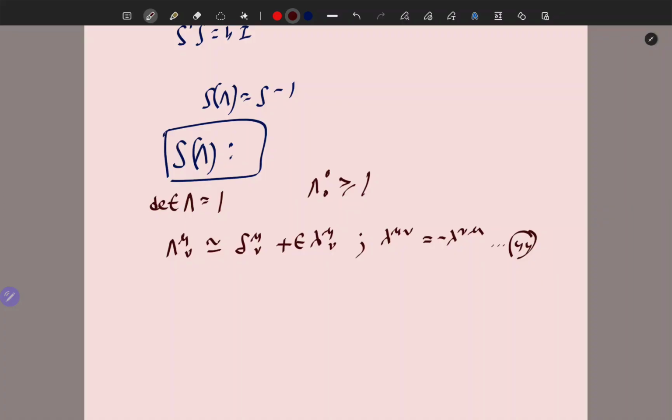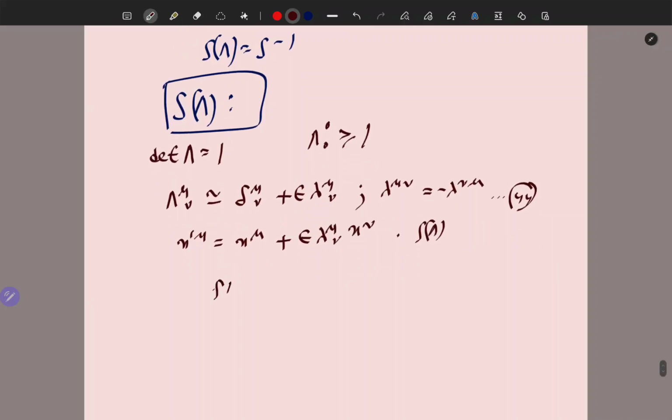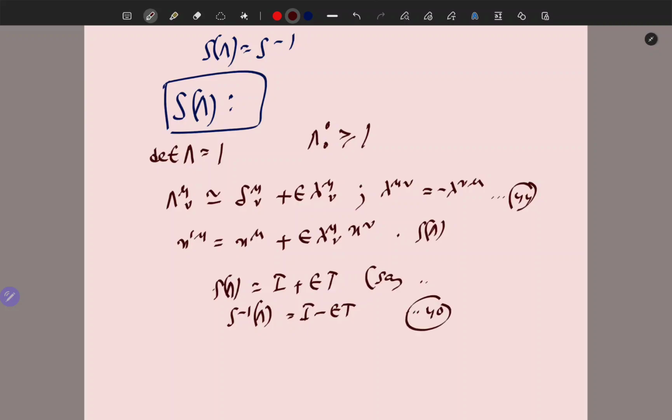From equation number 2 and 44, we have x'^μ equal to x^μ plus ε λ^{μ}_{ν} x^ν. So S(λ) to first order in ε is written as S(λ) equal to I plus ε t, say, and S inverse of λ equal to I minus ε t. This is equation number 45.